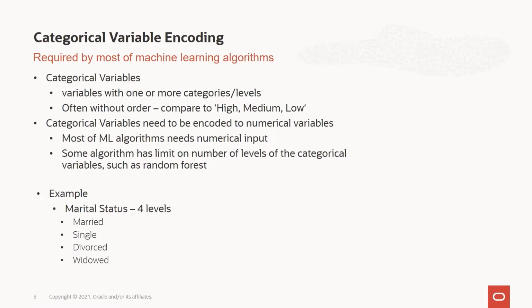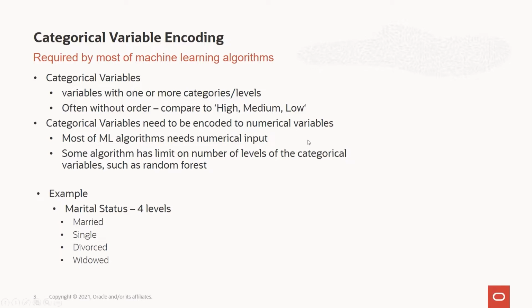As Marcos pointed out, categorical variable encoding is something every data scientist needs to do almost every day. Conceptually, what is a categorical variable? Compared to numerical variables, categorical variables are those with one or more categories and levels. They often are discrete, unlike numerical values, which are continuous, and oftentimes there's no order in it.